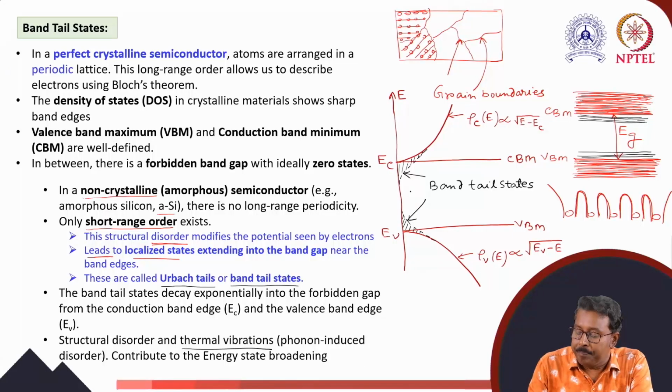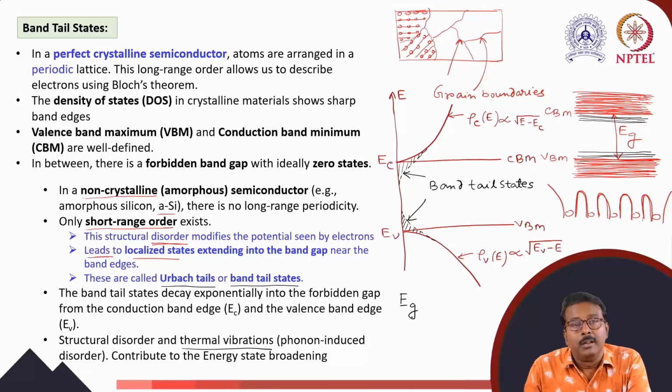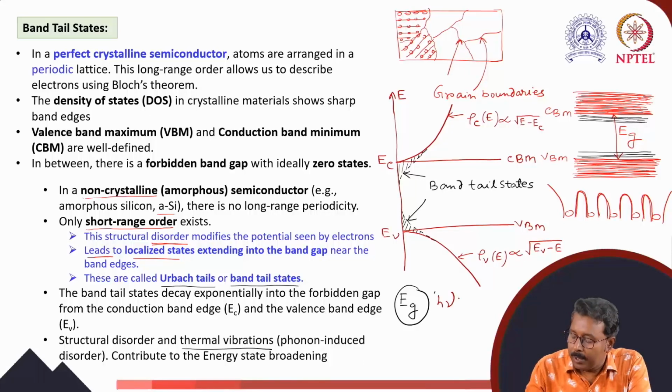in case of a semiconductor material the band gap is Eg, and we know the condition for absorption was h nu must be greater than or equal to Eg, the band gap energy.